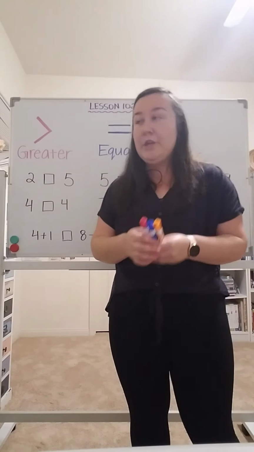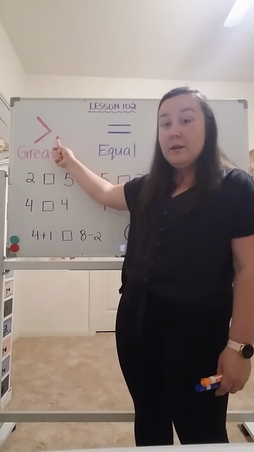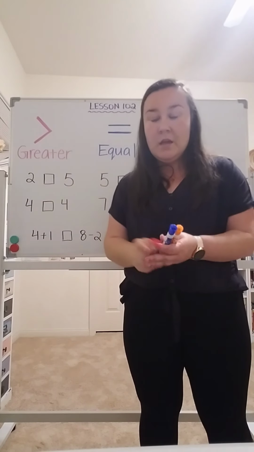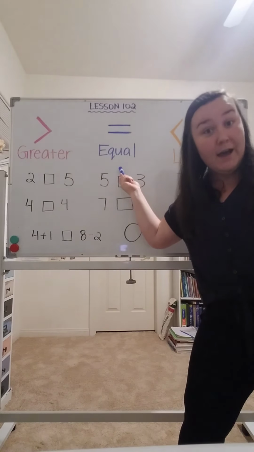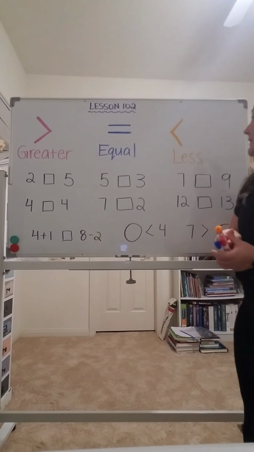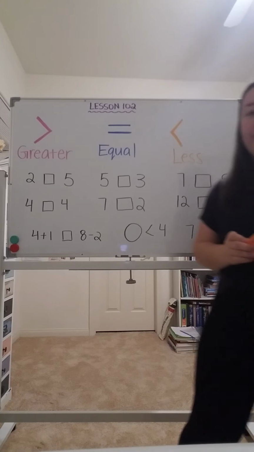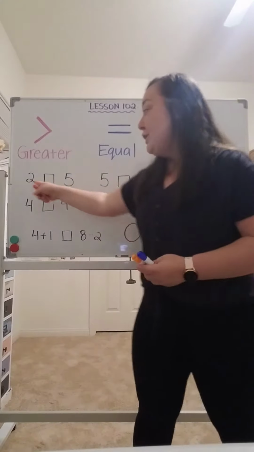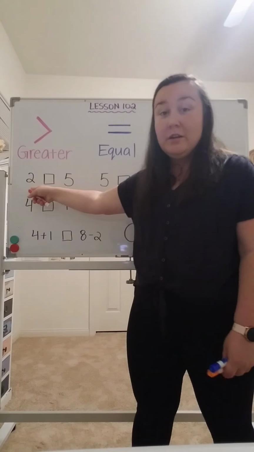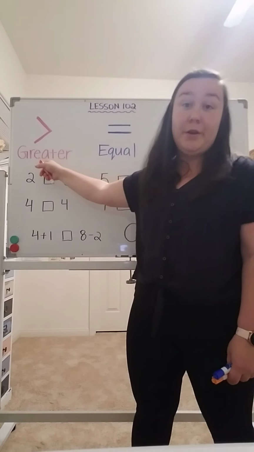So are we going to say that 2 is greater than 5? Are we going to say 2 is equal to 5? Or are we going to say that 2 is less than 5? What do you think? Well, 2 is smaller than 5. It's definitely not going to be greater.